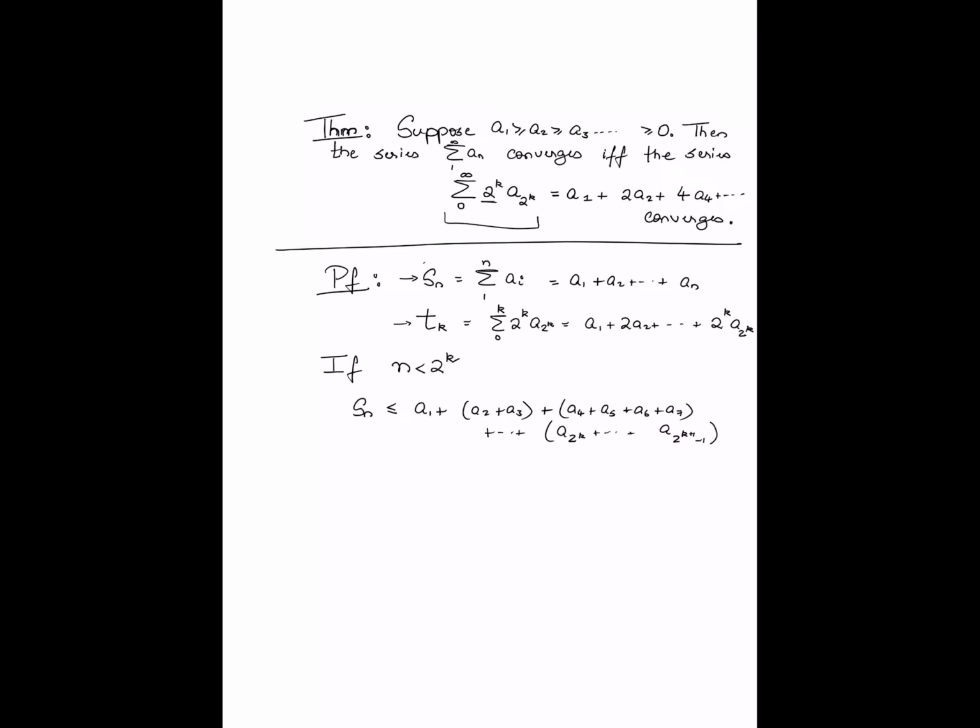Right, I've introduced some additional terms in this because n is less than 2 raised to k, and I've gone all the way up to 2 raised to k plus 1 minus 1. So that's okay. I've just added a bunch of non-negative terms, so the upper bound still holds.